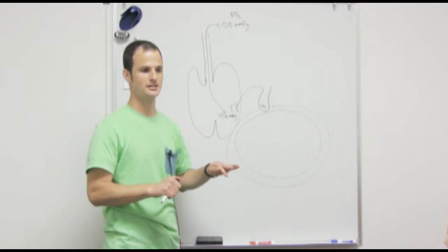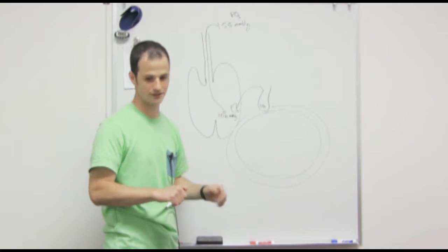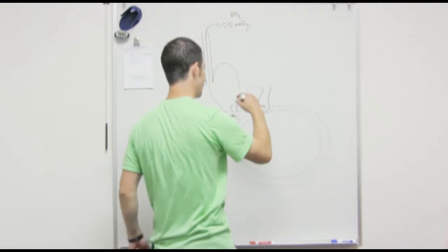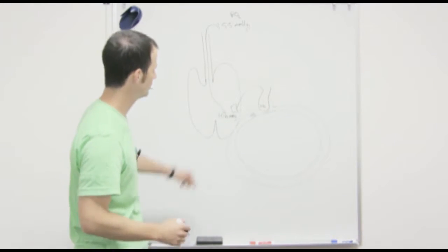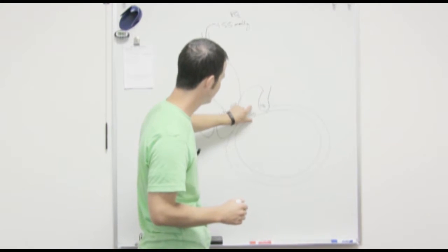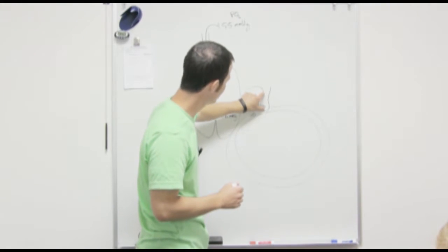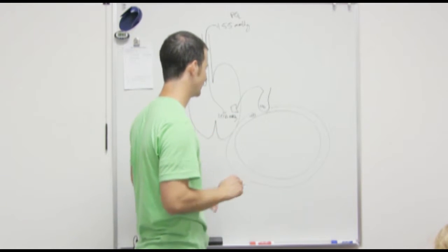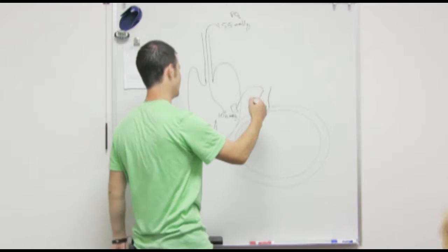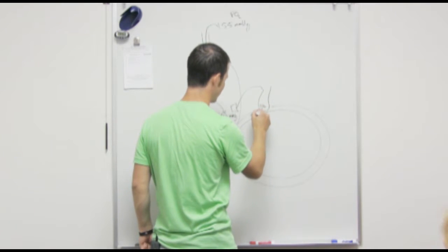is that gases diffuse from a high to low pressure, right? In the venous return, we've got 40. So we've got this pressure in the alveoli and this pressure in the capillary, so oxygen is going to want to go this way, right?